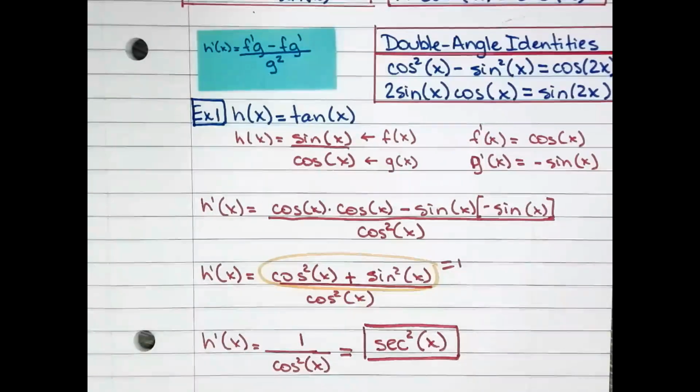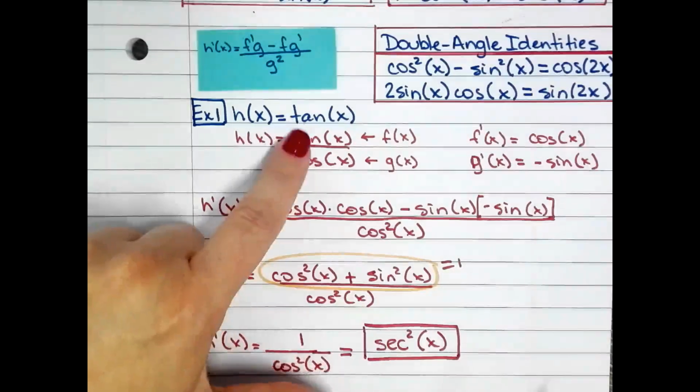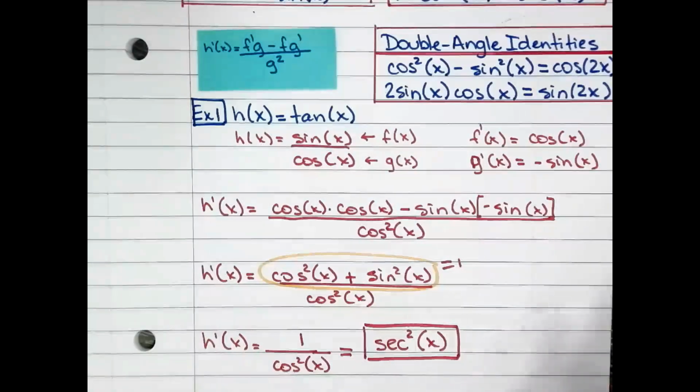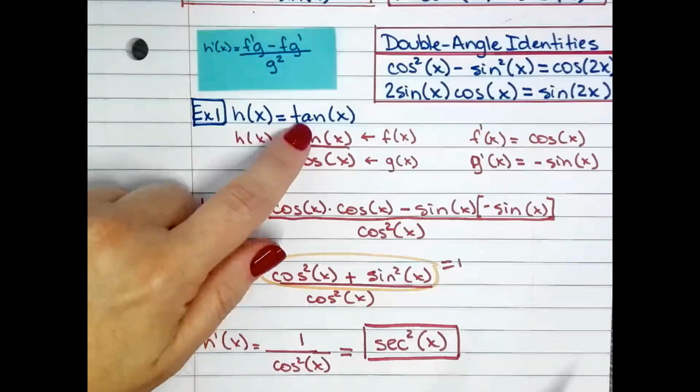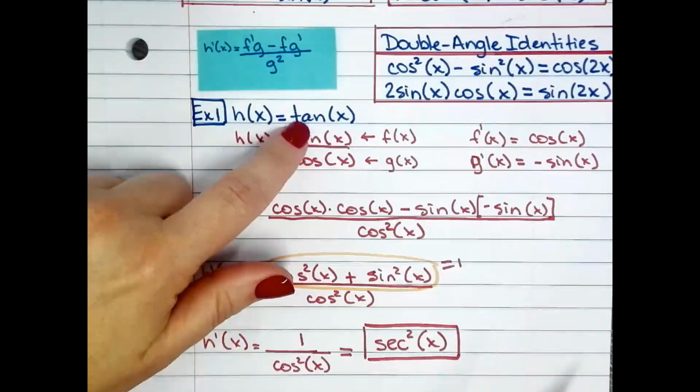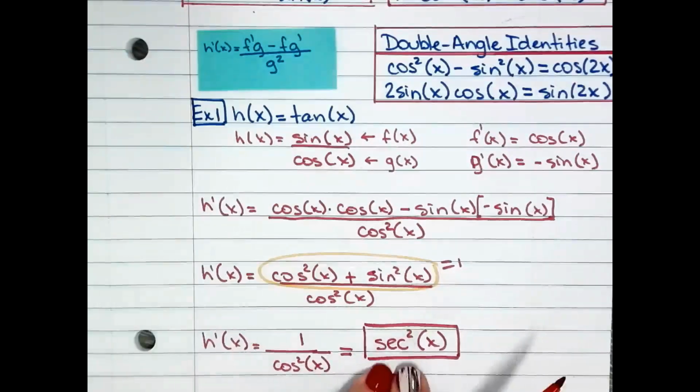If I were you, as you're working on this assignment, keep track of the derivatives as you work them out. They will come back as your new basic derivatives. So every time you're looking for the derivative of tangent, you already know, because you already did the hard work right here, that it is secant squared.